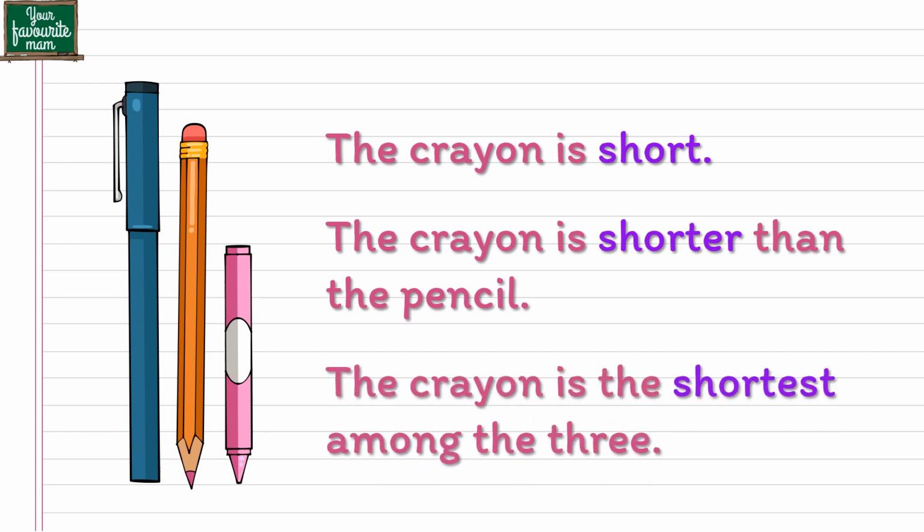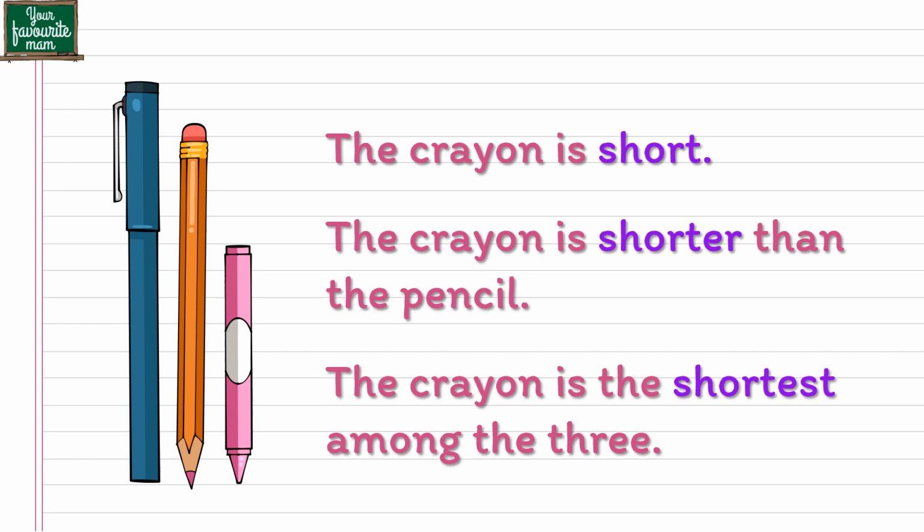The crayon is the shortest amongst the three. Again, in this sentence, the word crayon is being described, but it is being compared to more than two objects. And also, a different form of the word short is used here, that is shortest. So here, a comparison is being shown among more than two objects.